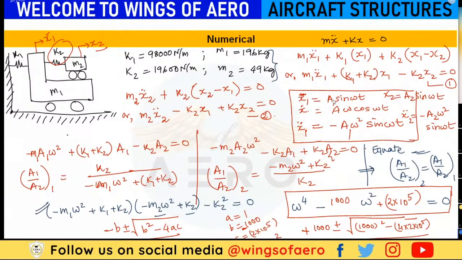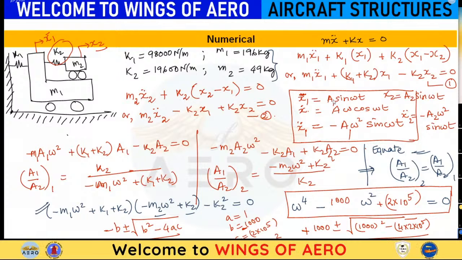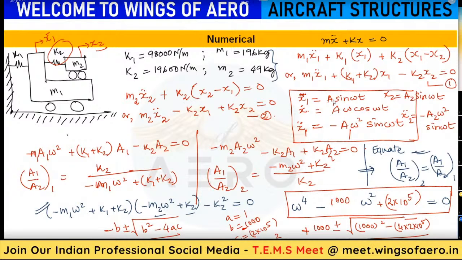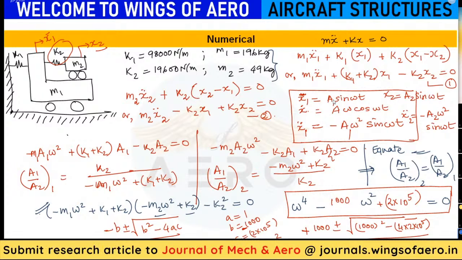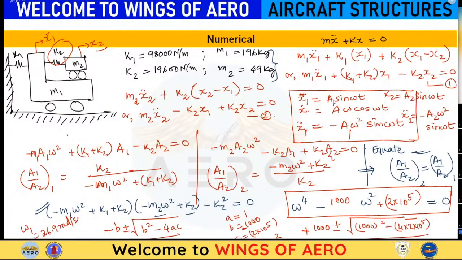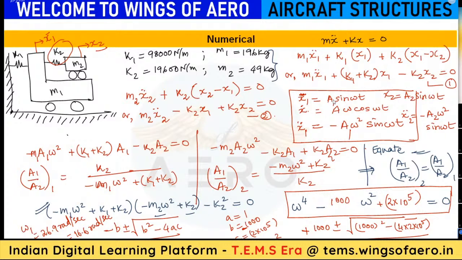Prakash Balan, you're getting it is 2 into 10 power 5, it's coming around that. So you have to do this kind of calculation very carefully. Now omega 1 value which I'm getting here is 26.9 radian per second, and omega 2 value is 16.6 radian per second.